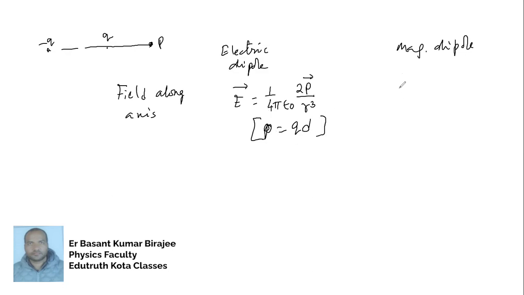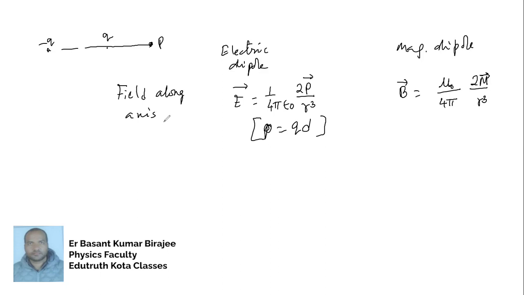In a similar way, here we have the magnetic field at a point due to a magnetic dipole or a current carrying loop as mu naught by 4 pi. Here you wrote the electric dipole moment, here we will write the magnetic dipole moment by r cube. If you write in vector form, except for the magnetic moment, all quantities are scalar. This is mu naught by 4 pi.